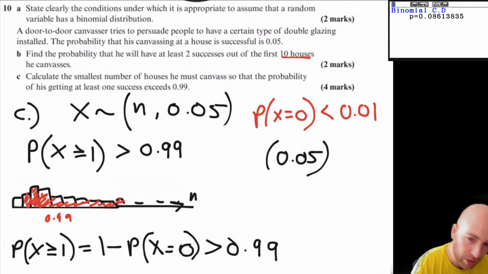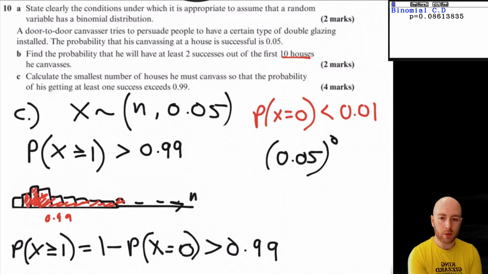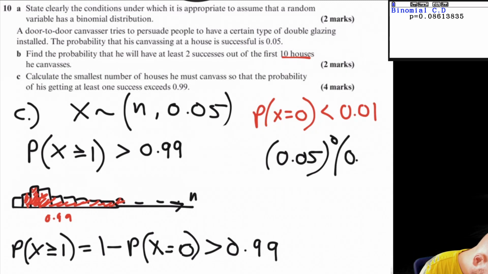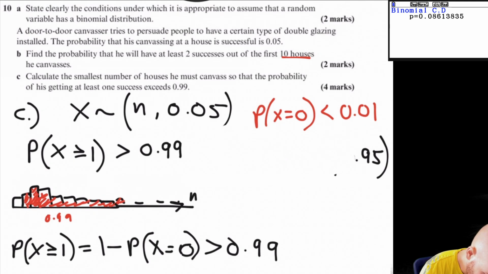So we want 0.05 to happen 0 times, because he's tallying 0 sales. And then we're going to get 0.95 to happen n times.